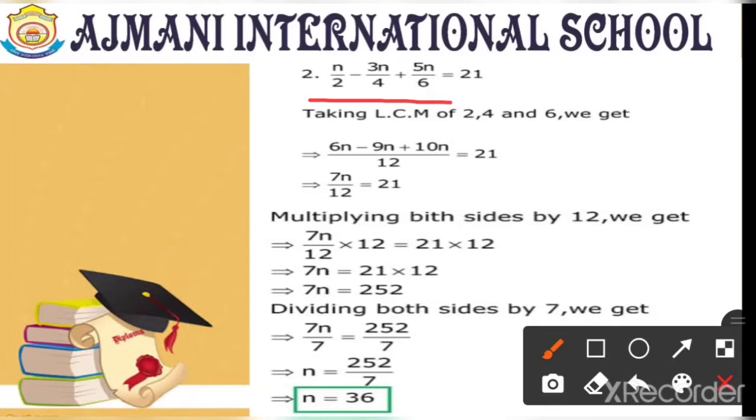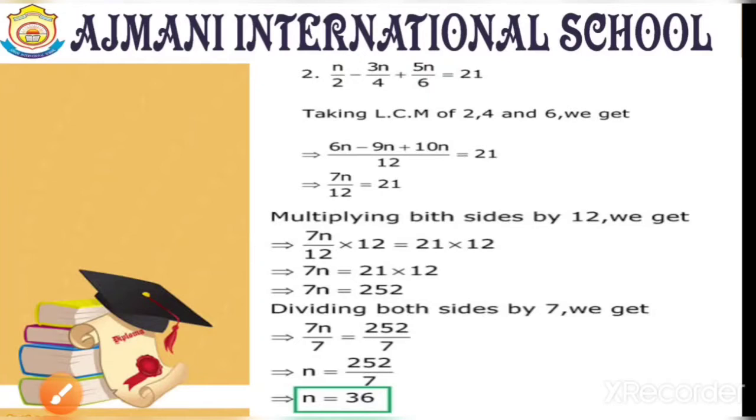After solving this you would get 7n upon 12 is equal to 21, or 7n is equal to 21 multiplied by 12, or 7n is equal to 252, or n is equal to 252 upon 7, and once you divide 252 by 7, you will get n is equal to 36. That is your final answer.